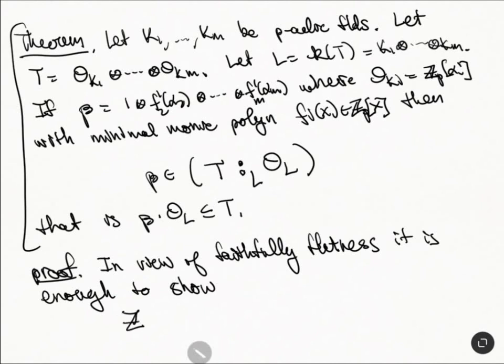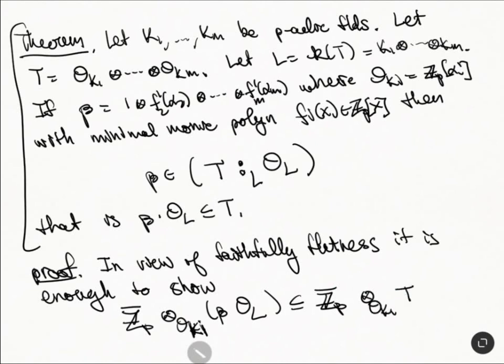If I take the ring of integers in the algebraic closure of Q_p, O_{K_1}, then beta O_L, where this multiplication is again via that map, is contained in, and then we just base change again, O_{K_1} T. To show this inclusion, it's the same thing to show this after we apply this functor.